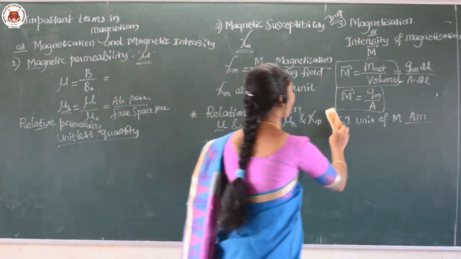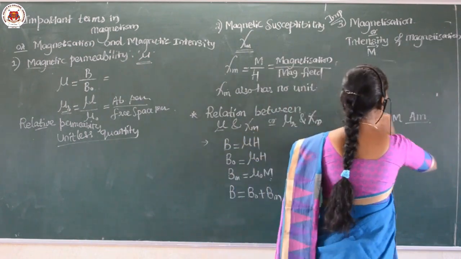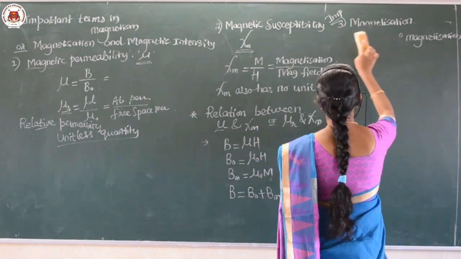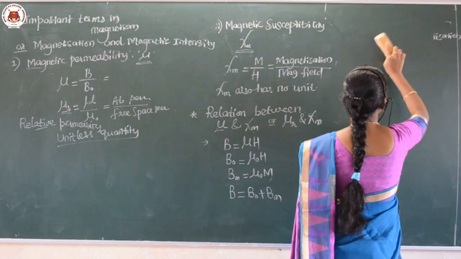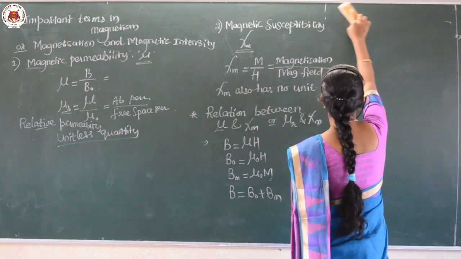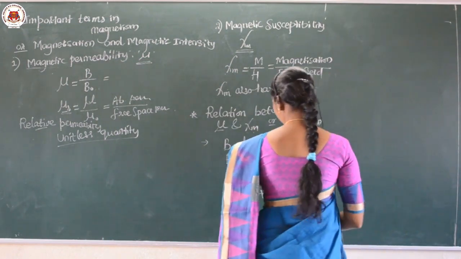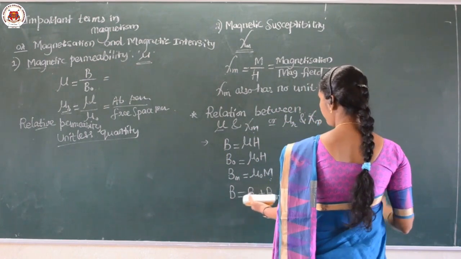Dear student, I am going to connect the relation between the magnetic susceptibility and the permeability. B is equal to B naught plus Bm.